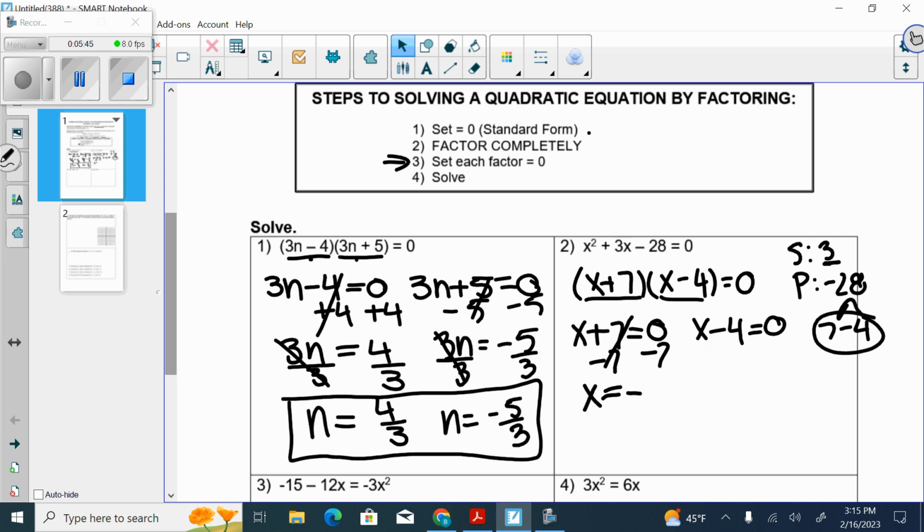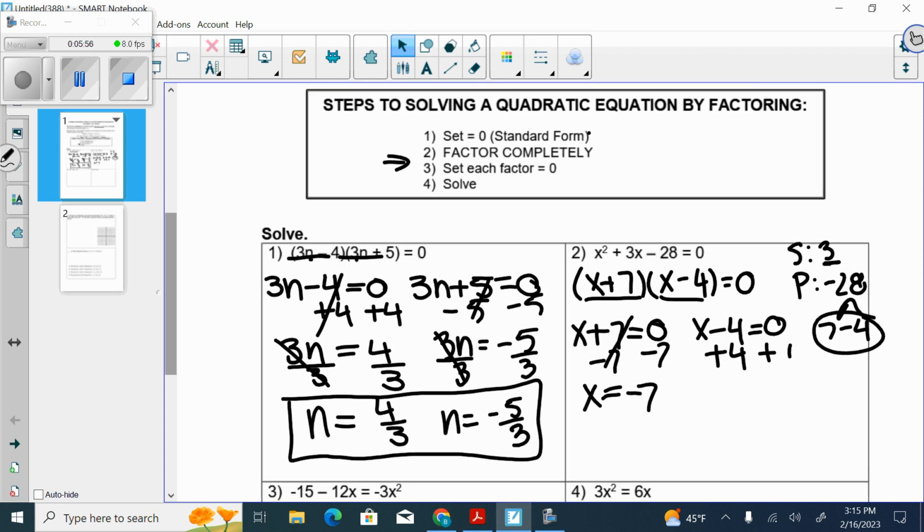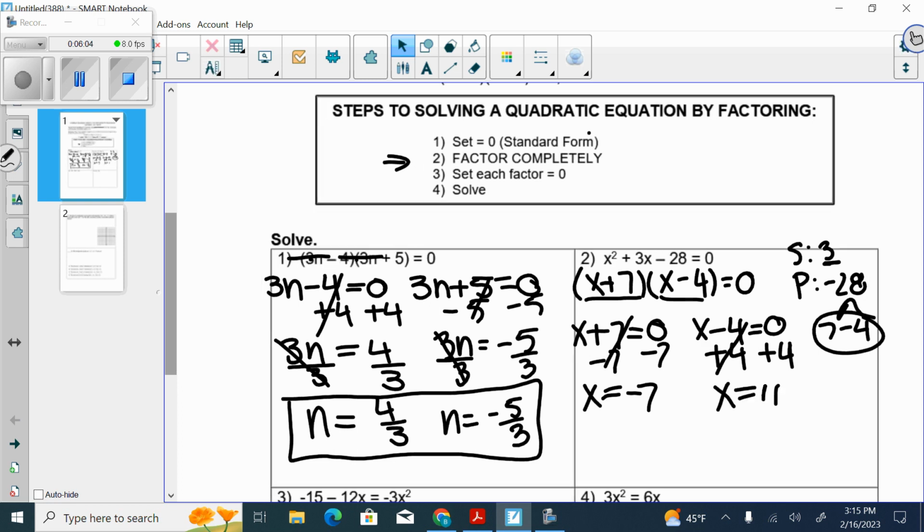Very good. For this other factor, what do we need to do? Good. And what is 0 plus 4? 4. So x equals 4. So those are my two zeros: x equals negative 7 and x equals 4.